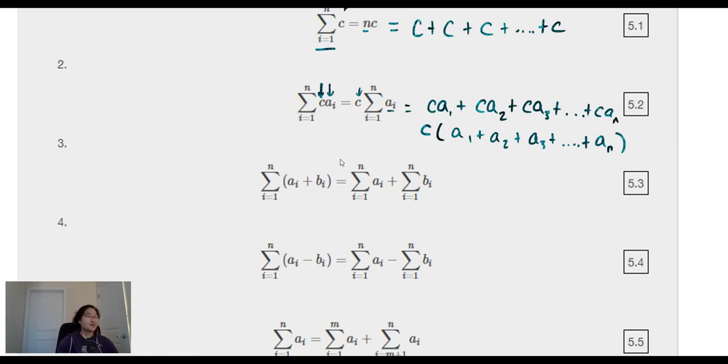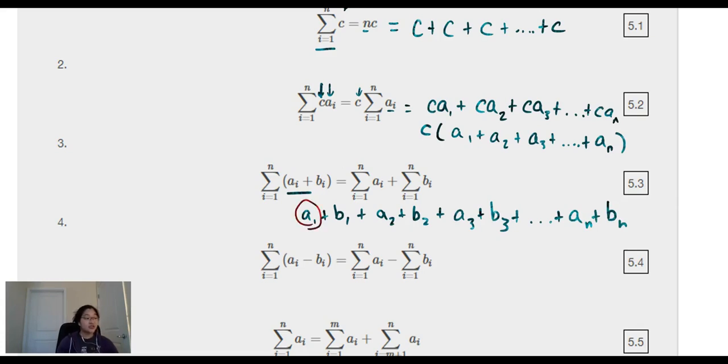If you're adding up two different terms, this is going to be a1 plus b1 plus a2 plus b2 plus a3 plus b3 plus dot dot dot plus an plus bn, and then we can just group them.